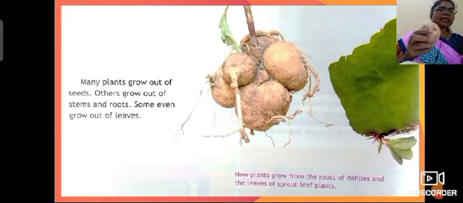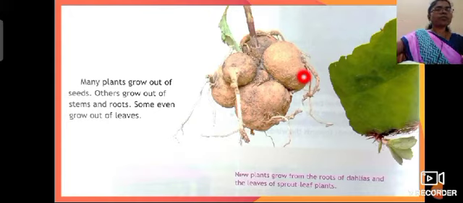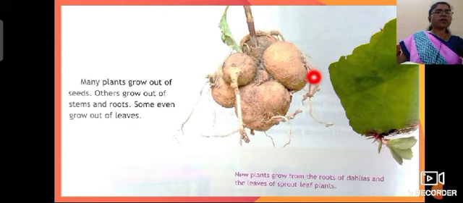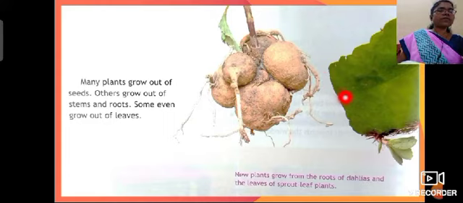It is called an eye. Here you can see in the picture also, a new plant grows from the roots of dahlia and the leaves of sprout leaves. Here a leaf plant. Here some roots come out from the potatoes.